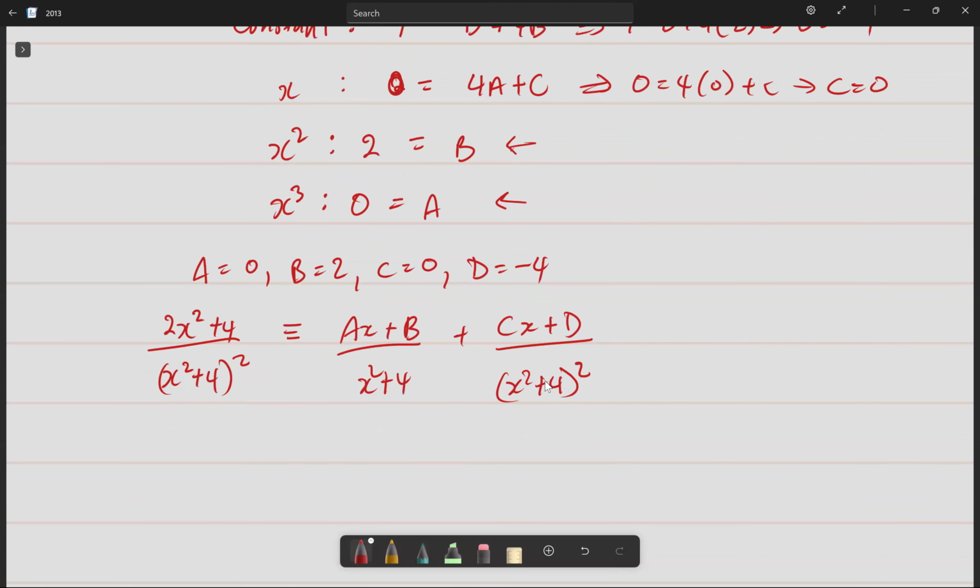Now we can replace the a and b that we just found. a is 0, b is 2, so that's 2 over x squared plus 4. c is 0, d is negative 4, so put negative out here and the 4 on top, over x squared plus 4 all squared, which is the right-hand side I said to prove.